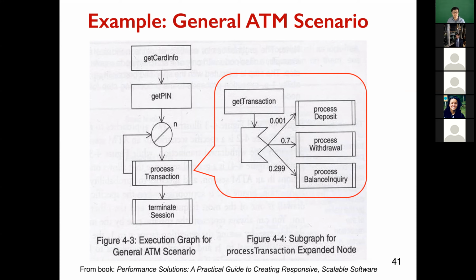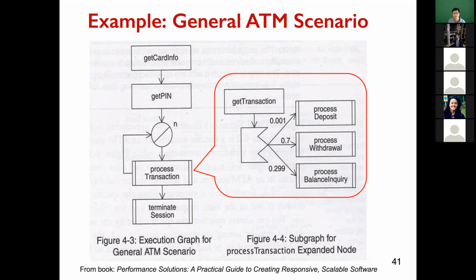So here in the subgraph, we see there's a case node. We see the case node is attached to three other nodes, right? Process deposit, process withdrawal, process balance inquiry. And we see some numbers, like 0.001. These are the probability that the process deposit node will follow the get transaction node. That's a probability.